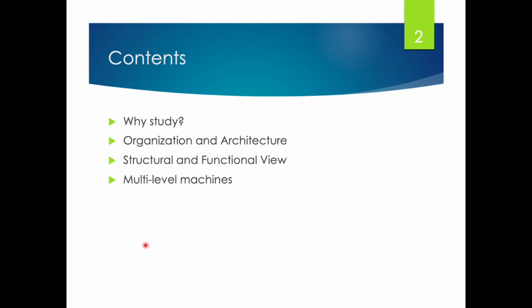The third part, we will talk about the structures and functional views of computers. In terms of structure and function, the computer system is very complicated. It's a very complicated machine.